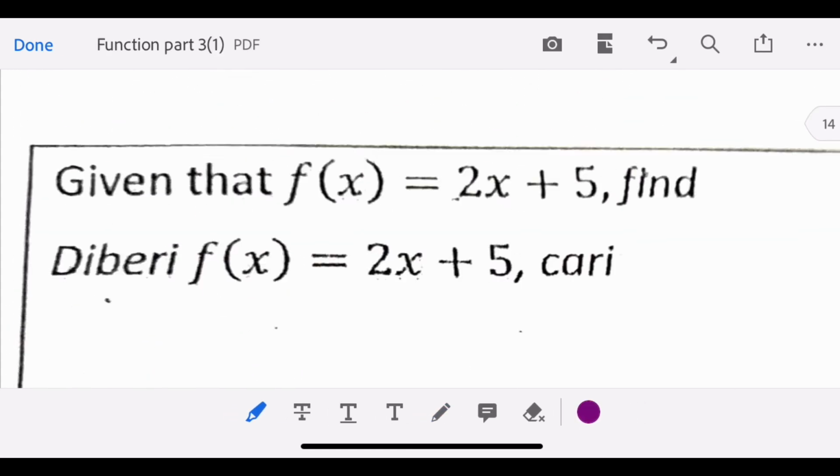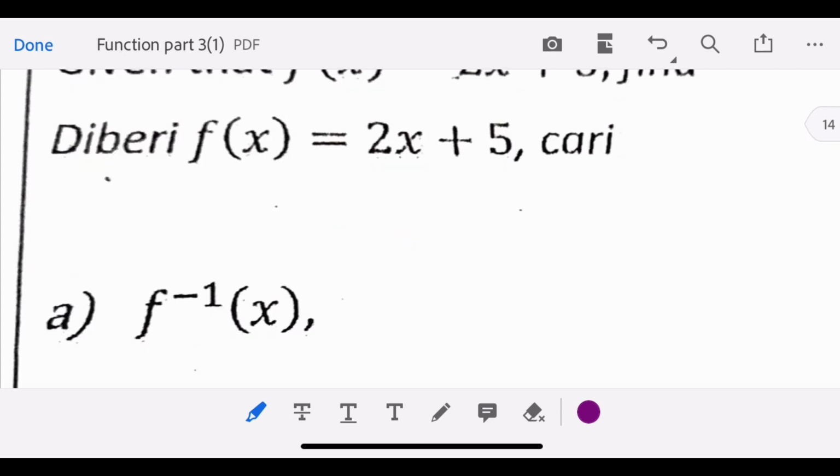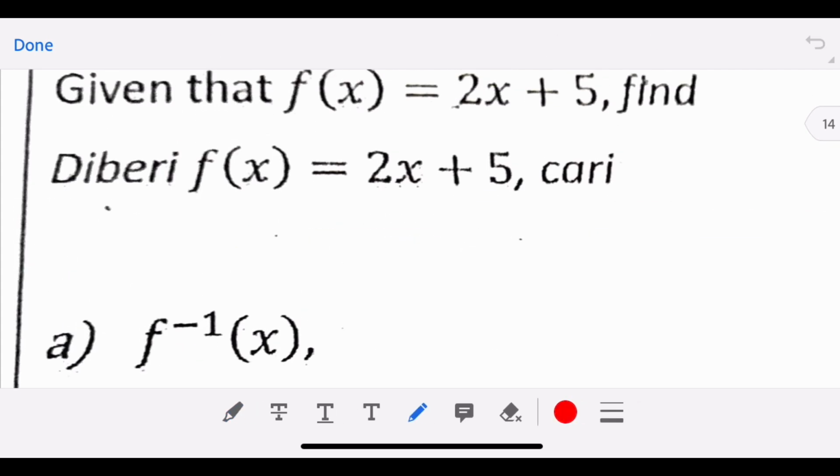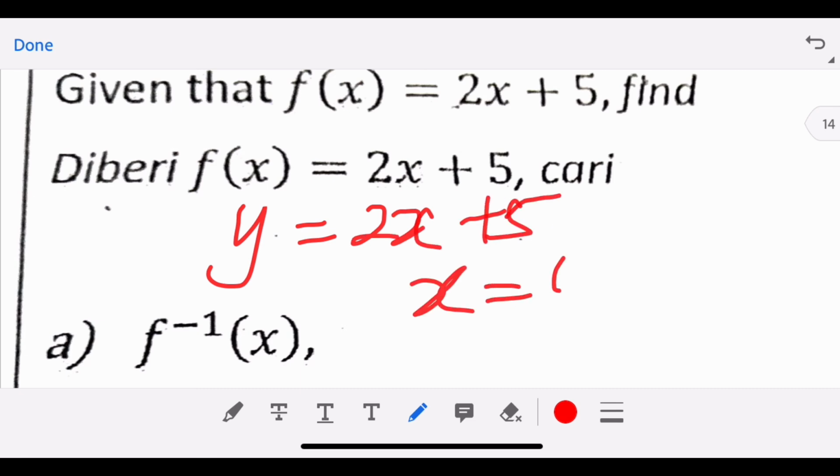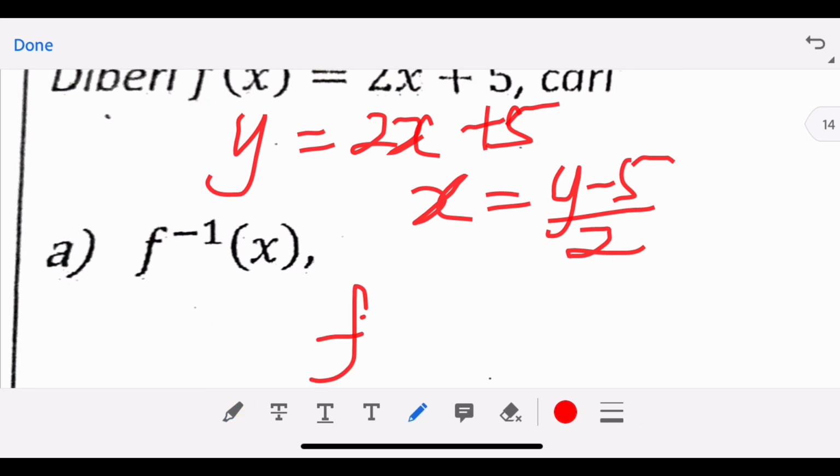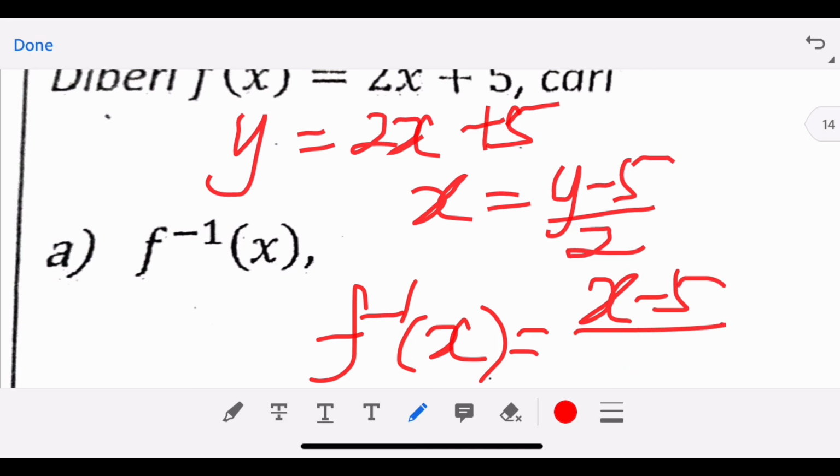Question number 14, you're asked to find the inverse again. So it's easy, right? Y equal to 2x plus 5. So that means the x will be y minus 5 over 2. So then don't forget to write your inverse is equal to x minus 5 over 2, right?